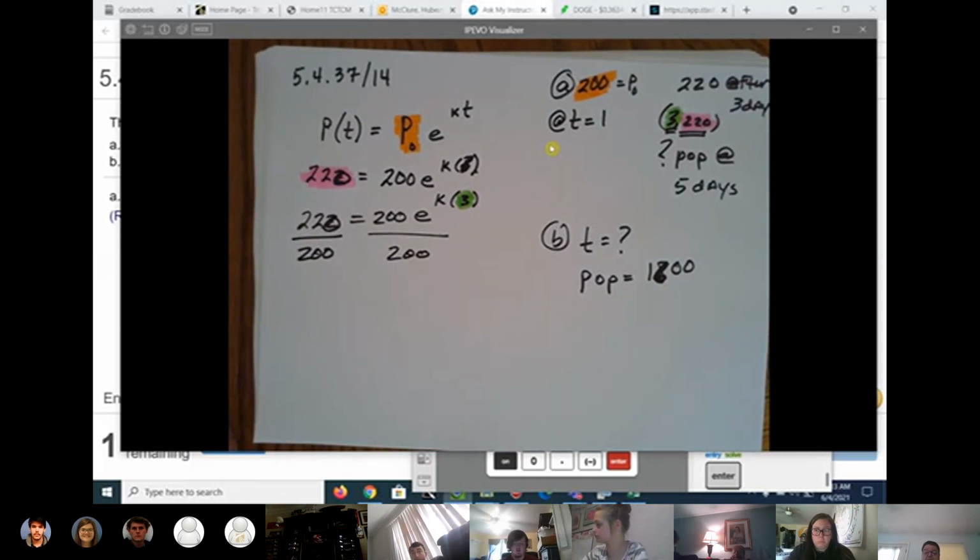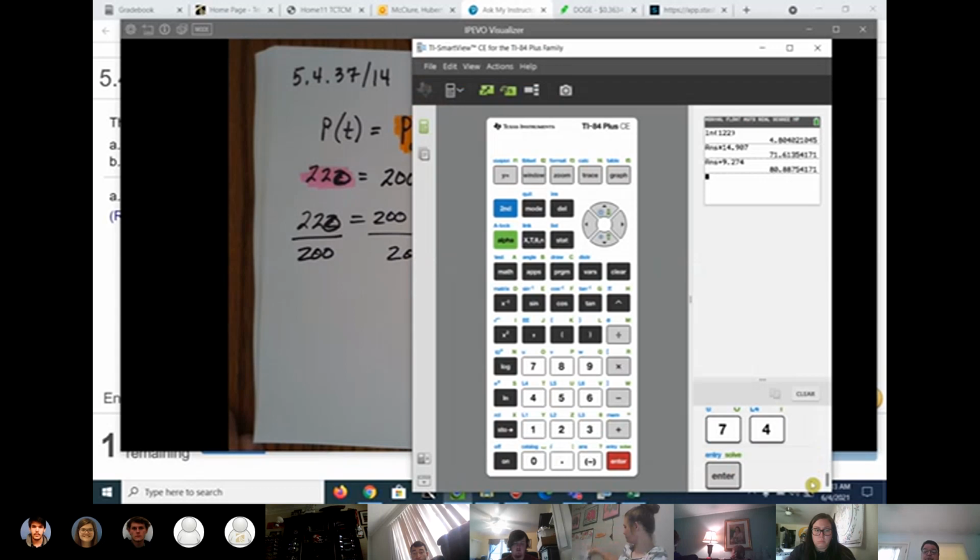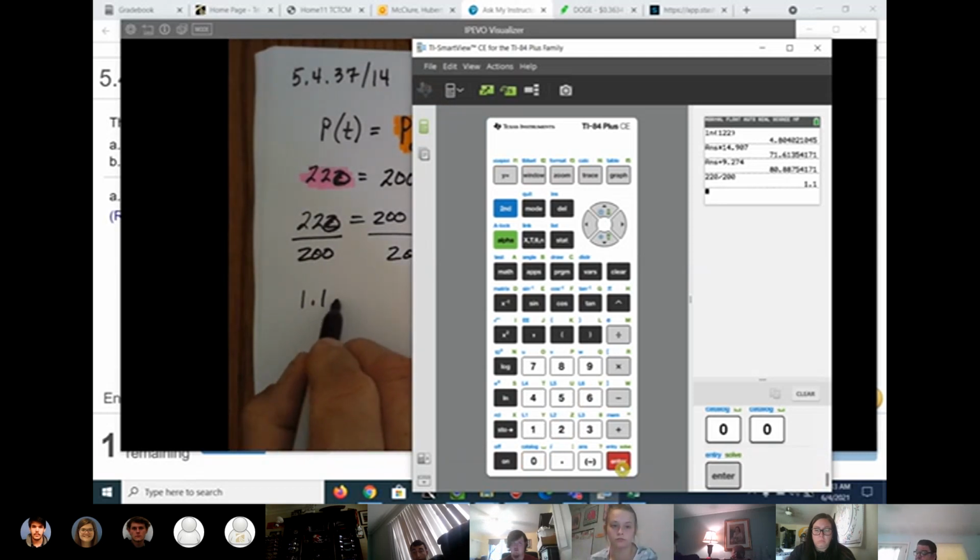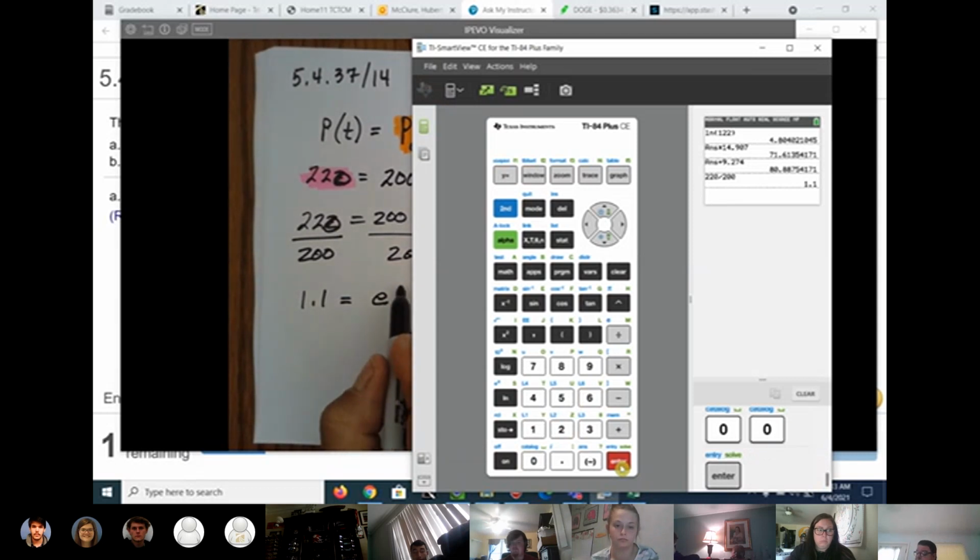So 220 divided by 200 is equal to 1.1, equal to e to the k times 1.